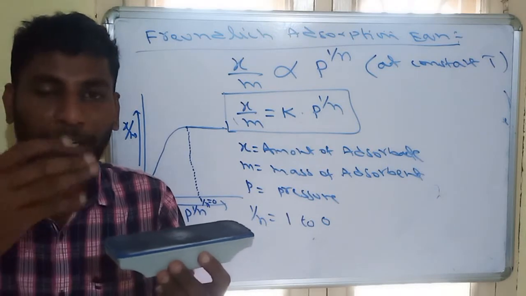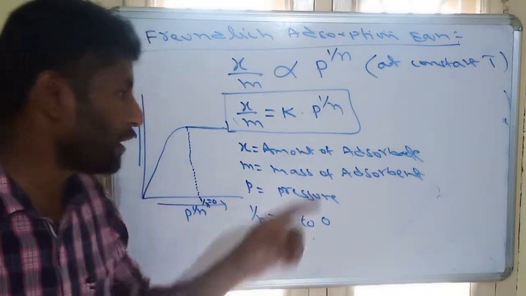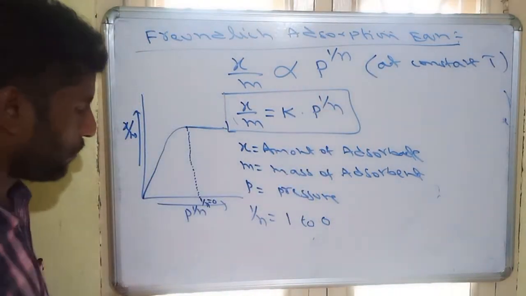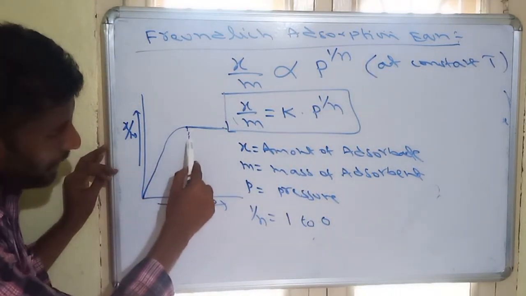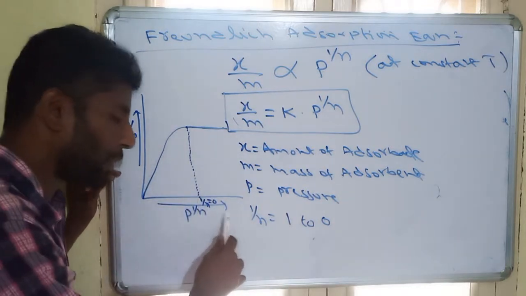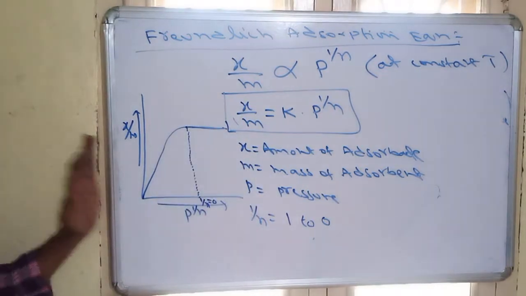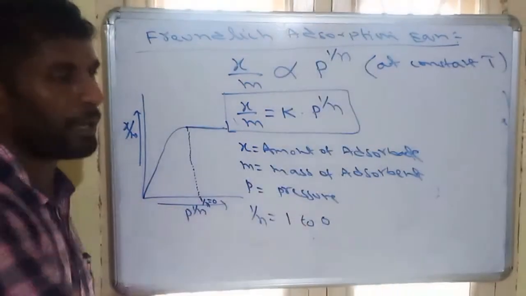So adsorption is independent of pressure. To represent that independent value, we are using the power value 1 by n. When the surface is completely covered, 1 by n is 0. After that, whatever pressure we use, adsorption does not increase, it will be constant. So that's why the power value 1 by n is always used.